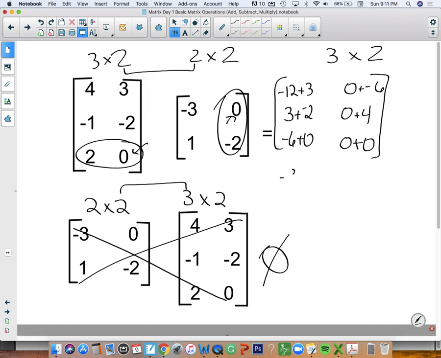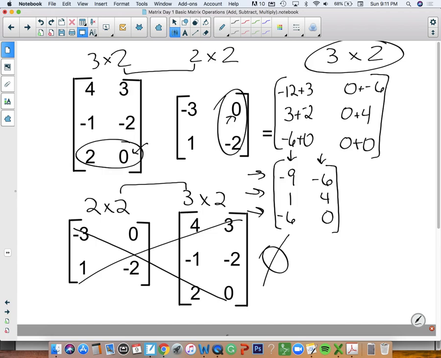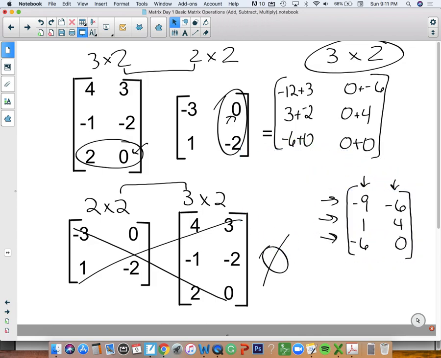We get a negative 9, a negative 6, a 1, a 4, a negative 6, and a 0. What is the size of this matrix? We have 1, 2, 3 rows, 1, 2 columns. That's what we said we were going to have when we're done. Okay, so that guy right there is our answer. Looks like I can't move the arrows out of the way. Okay, that's our resultant matrix.